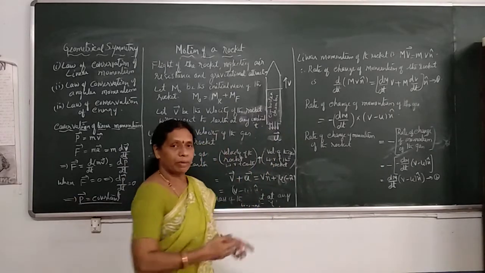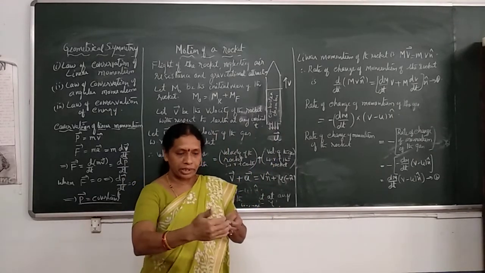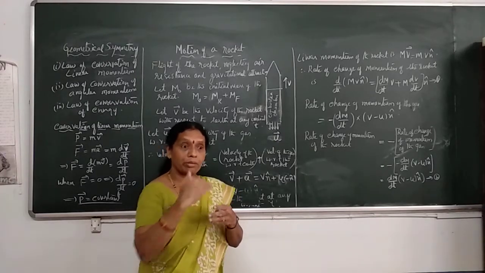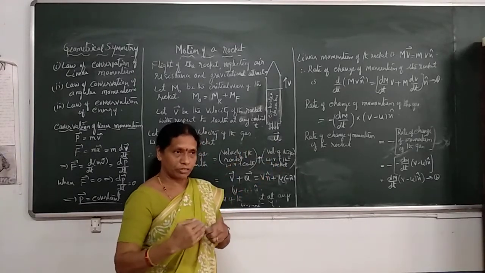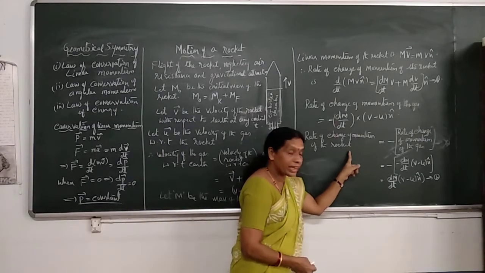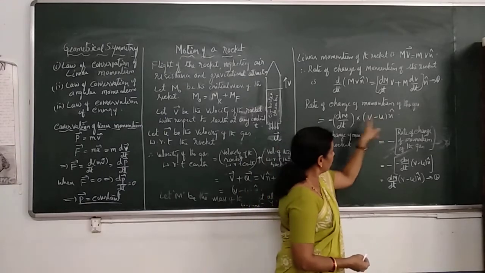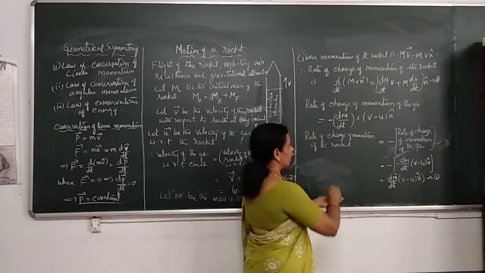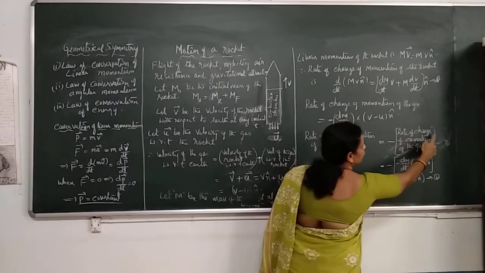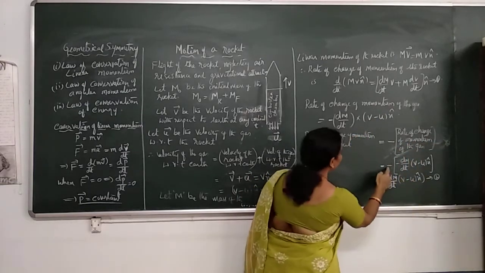Here the working principle is rate of change of momentum of the rocket is equal and opposite to that of the gas. So that rate of change of momentum of the rocket is equal to this but opposite. So minus rate of change of momentum of the gas, that is minus of this term.